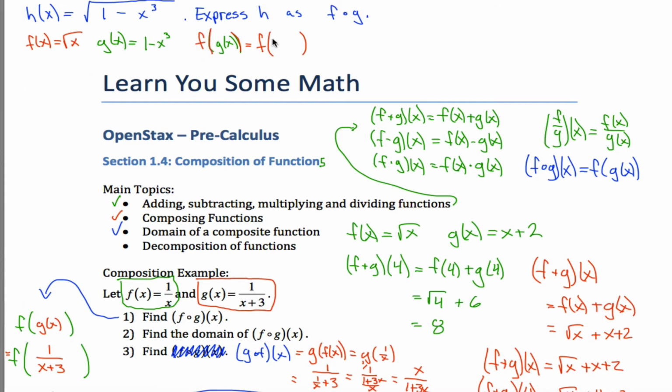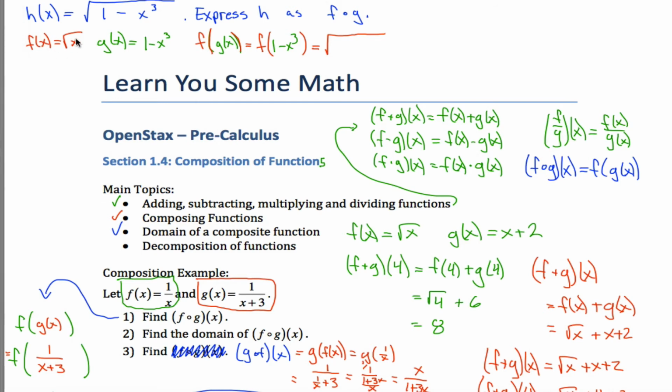and I know g of x is 1 minus x cubed. So all I'm doing is replacing what's in green here with 1 minus x cubed because that's what I think g of x might be. And then how do you go from there? Well, I know that f of anything is just the square root of that anything. I have this blueprint for f of x, so if I'm asked what's f of 1 minus x cubed, I would just say it's the square root of, and then instead of writing x, I'd write 1 minus x cubed.